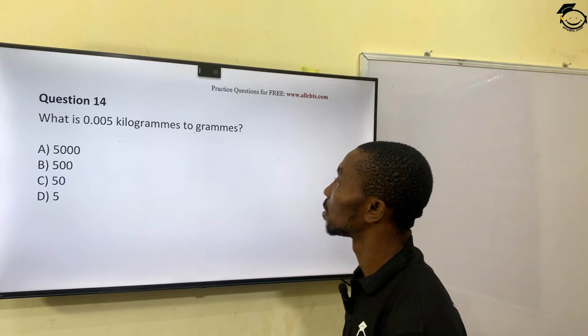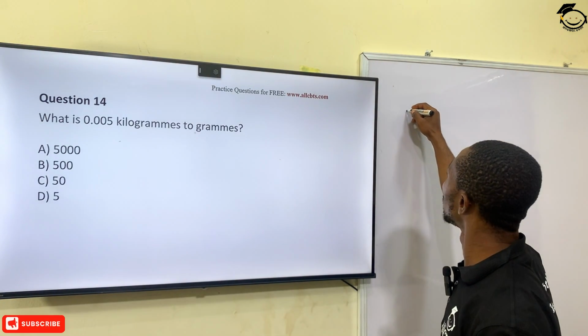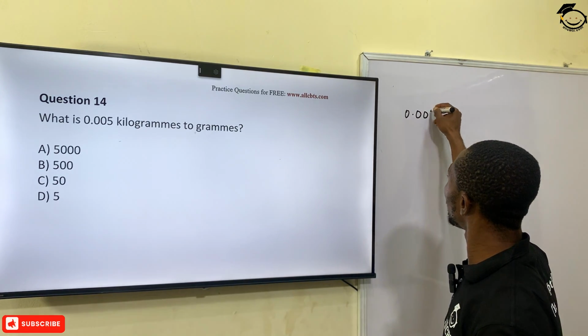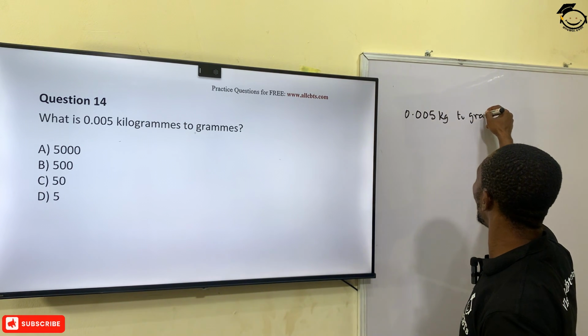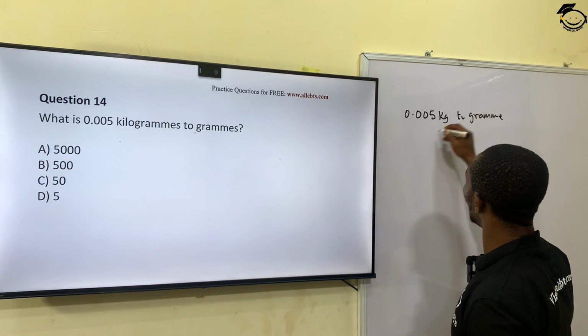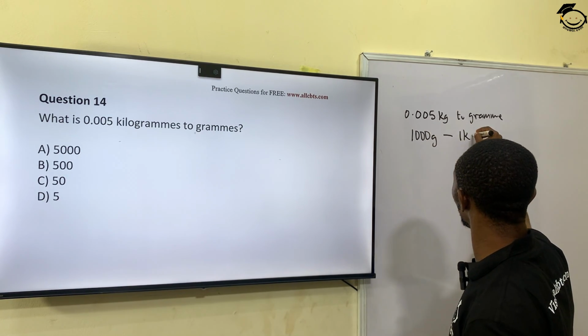What is 0.005 kilograms to grams? Now, we know that 1,000 grams would give us 1 kilogram.